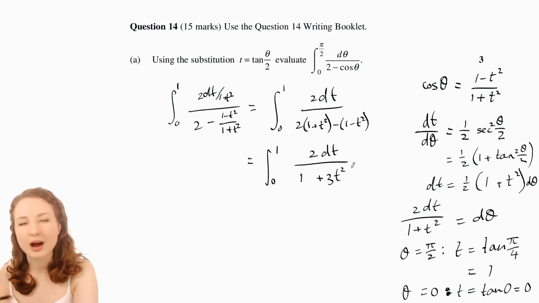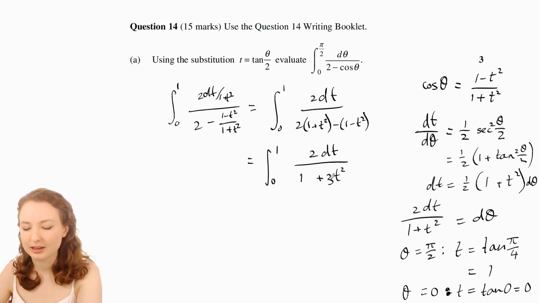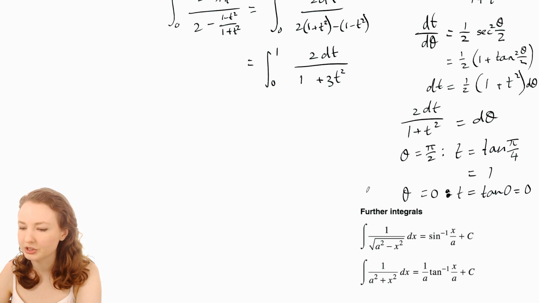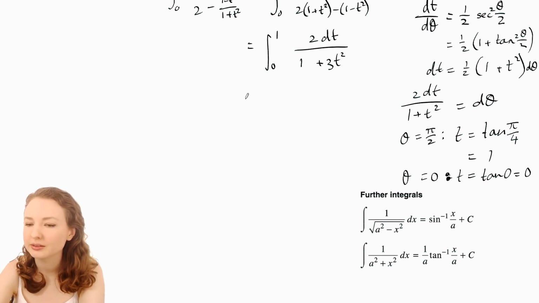Now let's think about how we're going to integrate that. This looks a lot like the one on the formula sheet, except that we've got this 3 here that we don't want. So let's divide top and bottom of this fraction by 3. On the top you're going to get 2 over 3. Let's bring that out the front because we just want a 1 there.